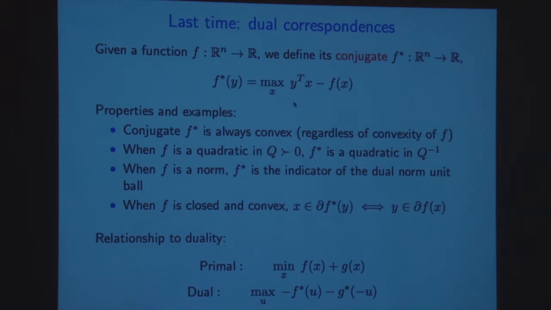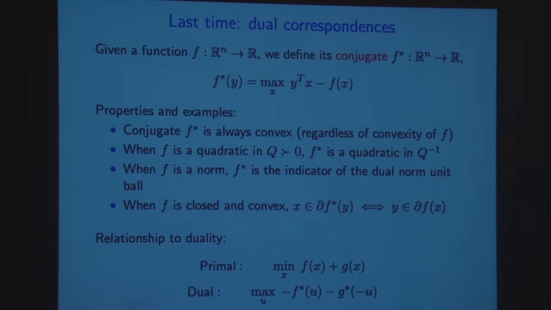We saw this is very intimately related to duality. If we think of this as minus the min of f of x minus y transpose x, then this looks like a step we would do in the minimization of the Lagrangian. So we saw it's very related to duality in that sense.